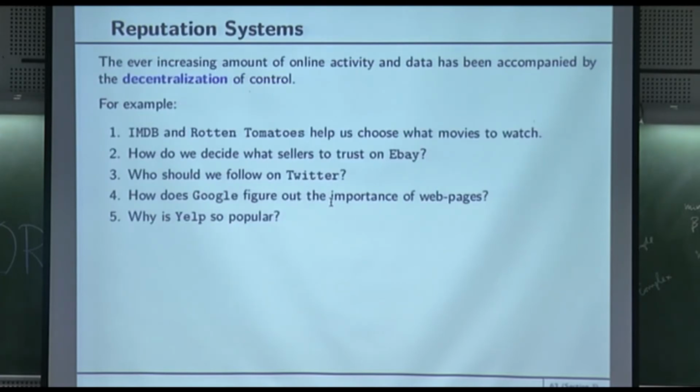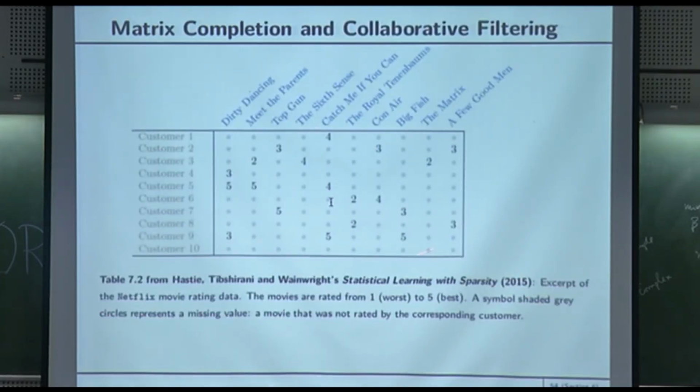The next question that we want to talk about is reputation systems. There is an ever increasing amount of online activity, and the data has been accompanied by decentralization of control. This is a slightly different problem than the movie recommendation problem. In the movie recommendation problem, you have this entire data set given by customers that are assumed to be giving these rankings without any malicious motivation.